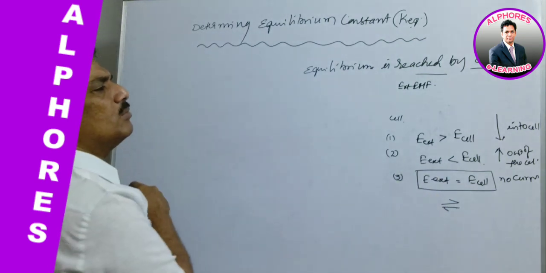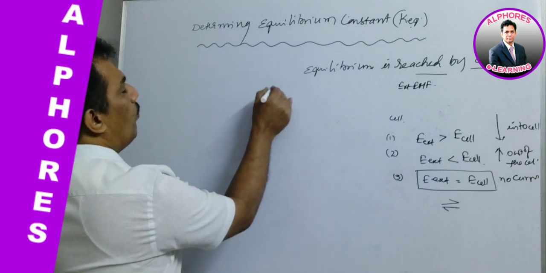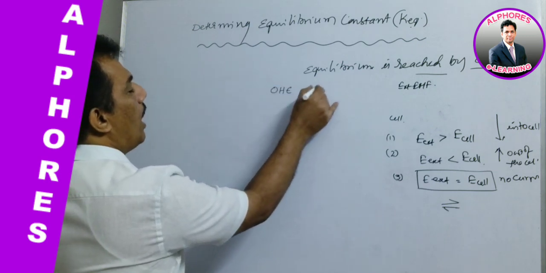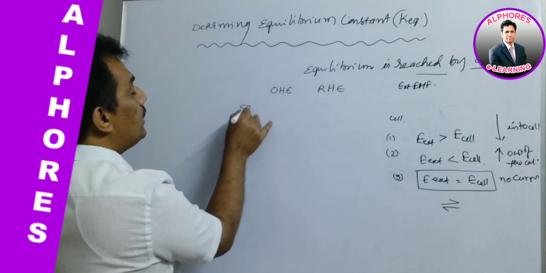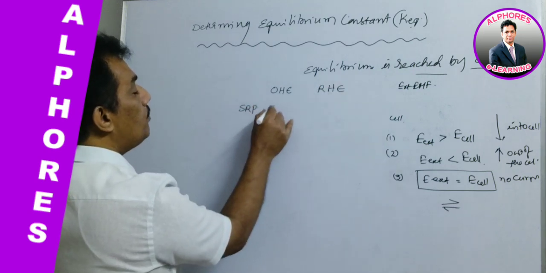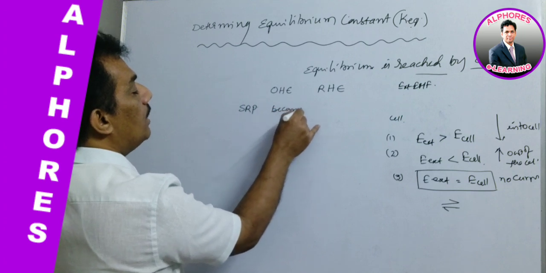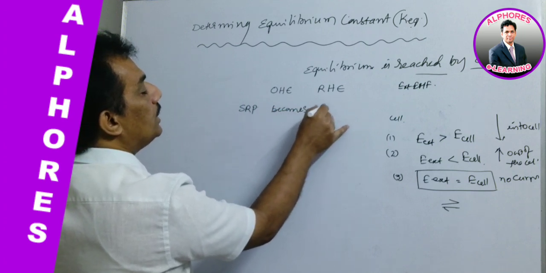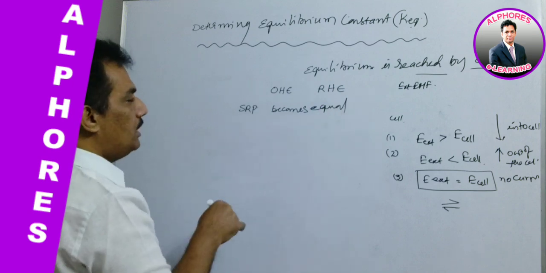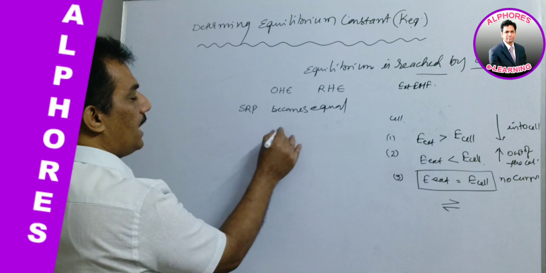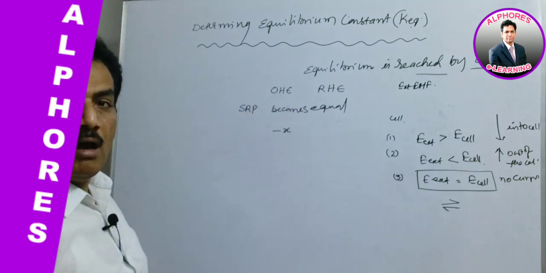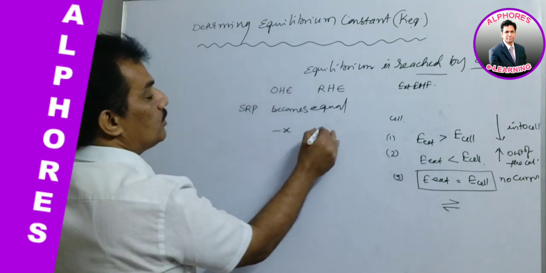At this equilibrium condition, the SRP values of the OHE and RHE, these two electrodes, become equal. That means, say for example, if OHE SRP is minus X, then RHE SRP is also minus X.